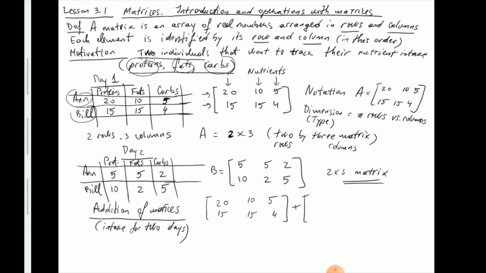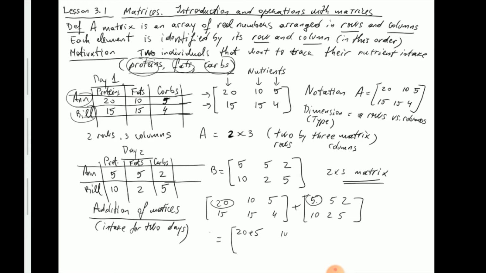So when you take the first matrix and the second matrix, if you add these matrices term by term, you add the nutrients per category, right? So 20 plus 5 is going to be carbs in day 1 plus carbs in day 2 for Anne, right? So the meaning of this element on row 1, column 1 is the protein intake in 2 days for Anne.